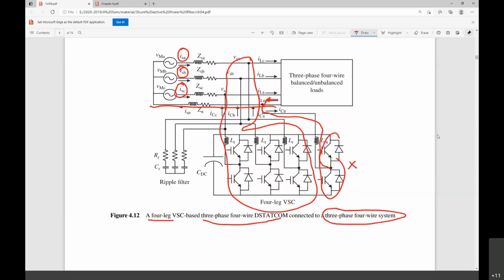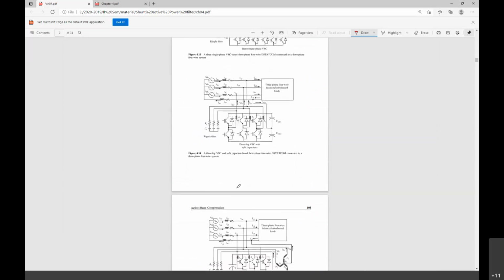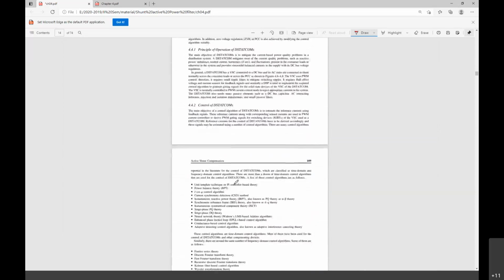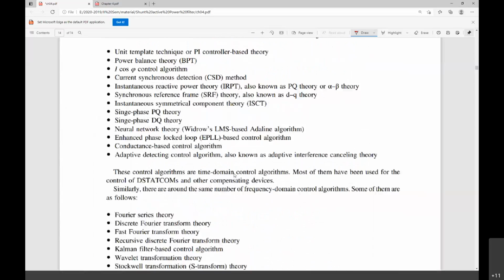I'm not going to discuss how to derive these filter currents IFA, IFB and IFC, there are different theories available in the literature. If you see over here, these are the different types of controllers.